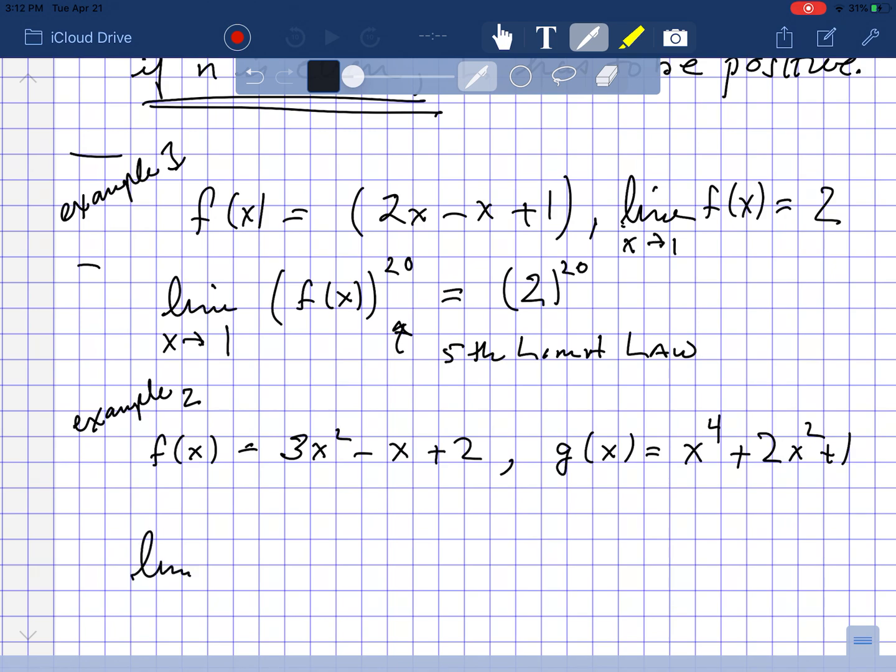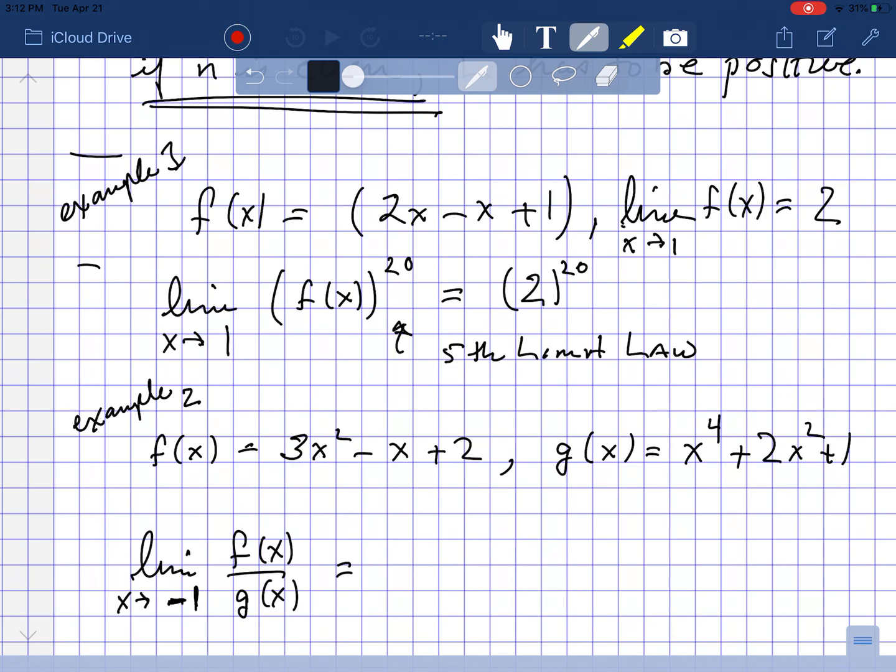And I want to look at the limit as x approaches, let's make it -1, of f of x divided by g of x. Well, this is the limit of a rational function.